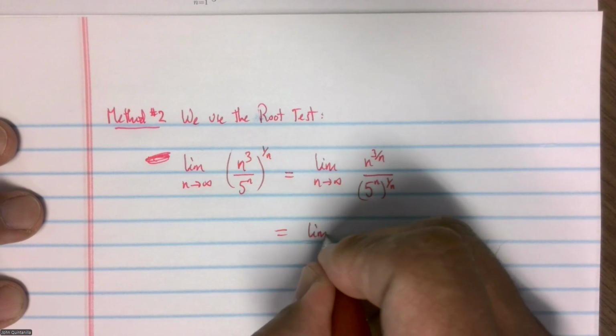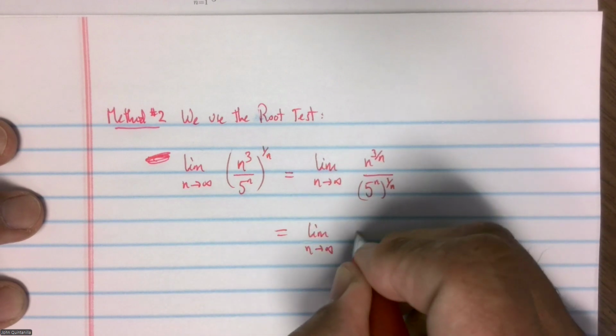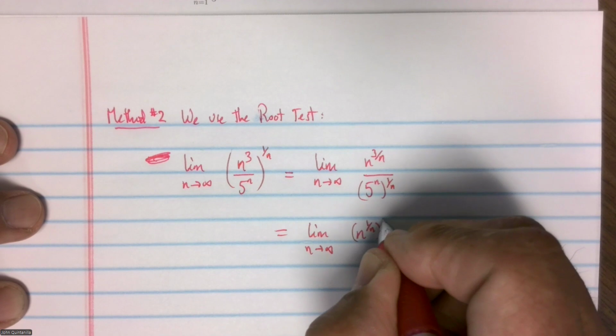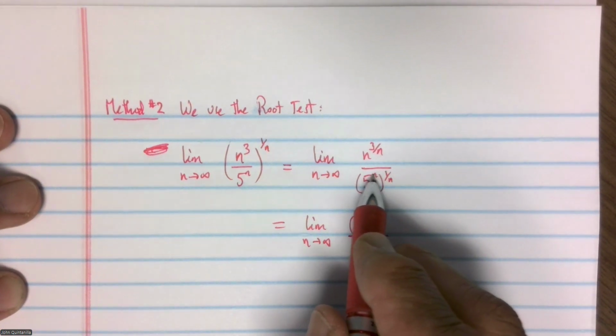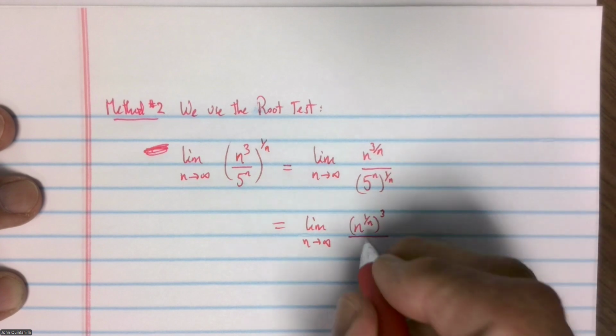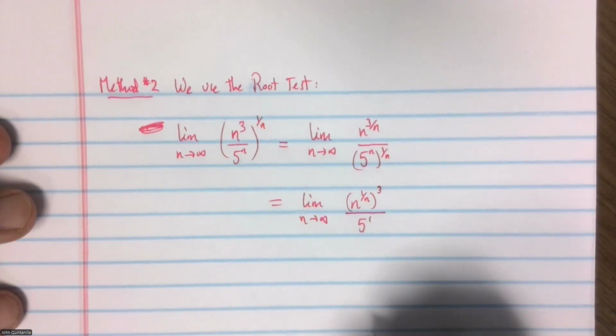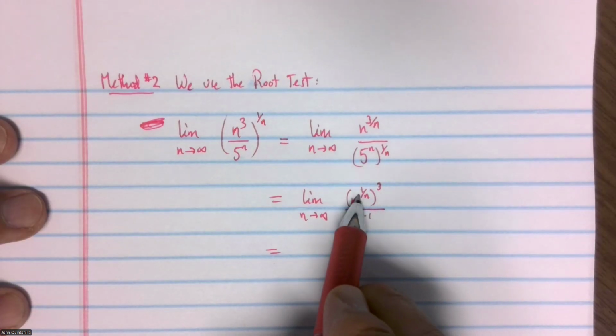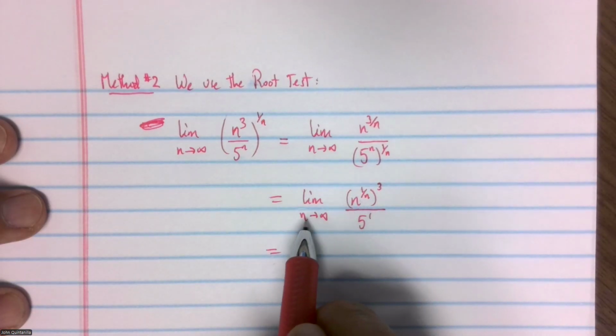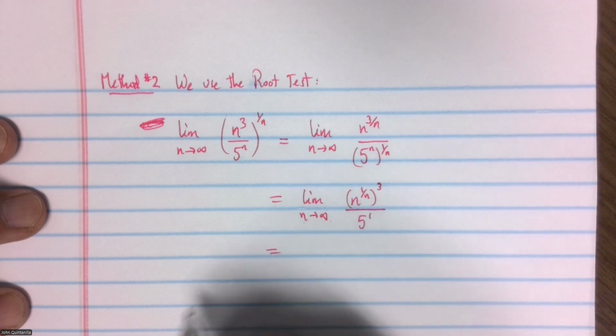So that's the limit as n goes to infinity of (n to the 1 over n) to the third, and on the bottom I can simply multiply these two exponents: n times 1 over n is 5 to the first. Now I recognize this as one of the limits that I've got memorized. As n goes to infinity, n to the 1 over n goes to 1.